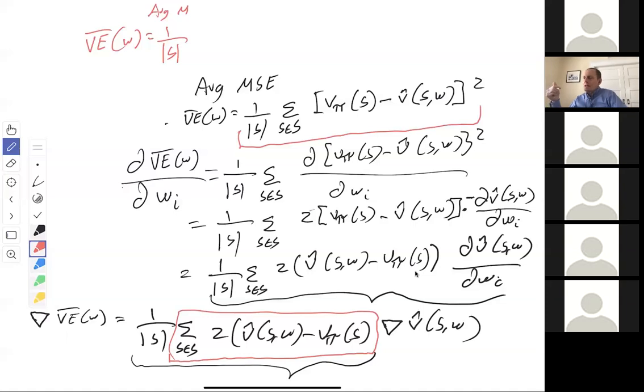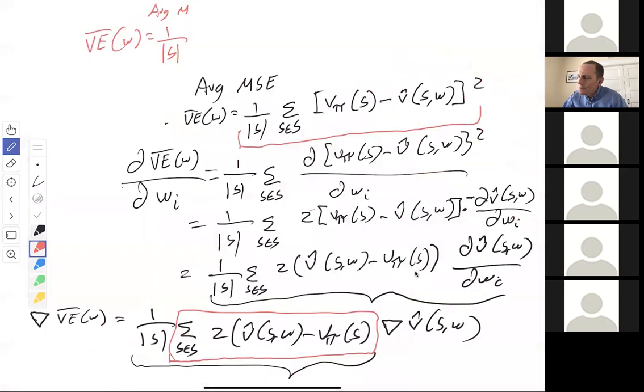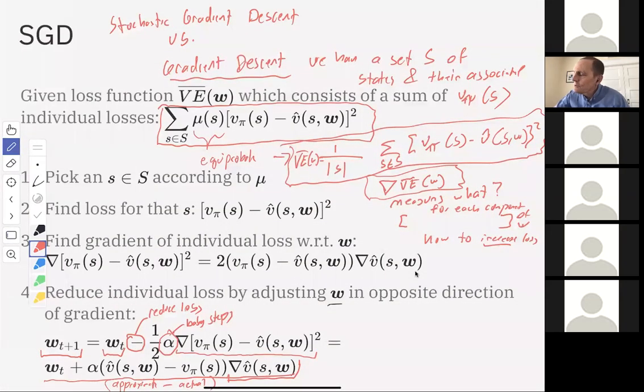So instead of going ahead and calculating the total loss and taking the derivative of the total loss, what we can do is do this stochastic approach. The stochastic gradient descent says just sample one state at a time.